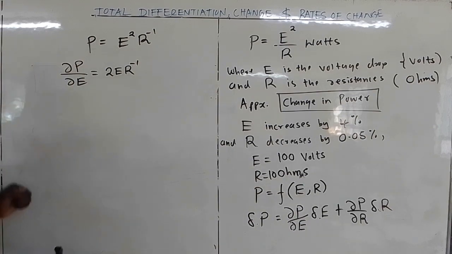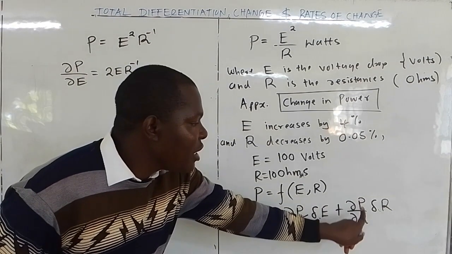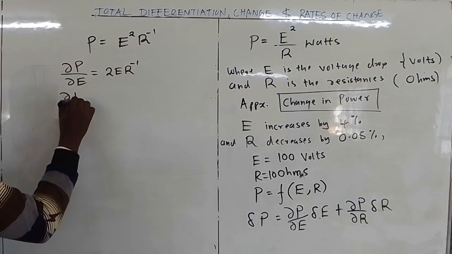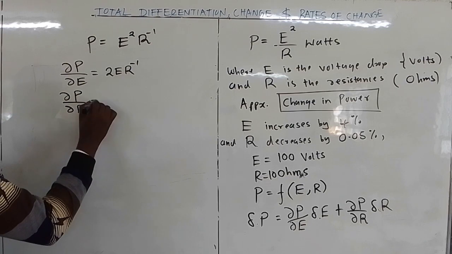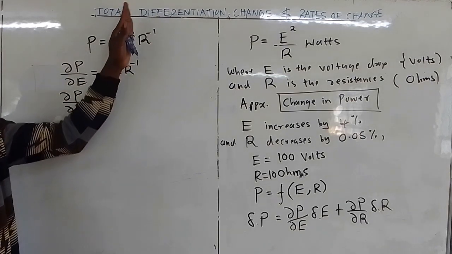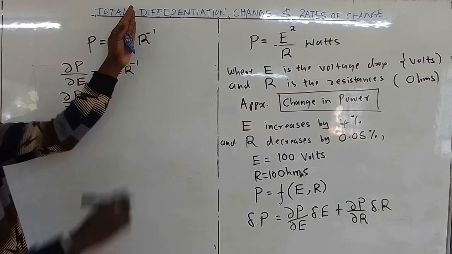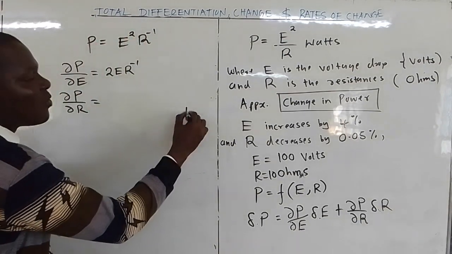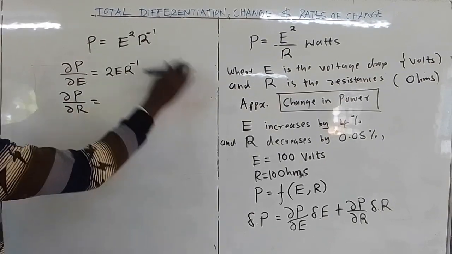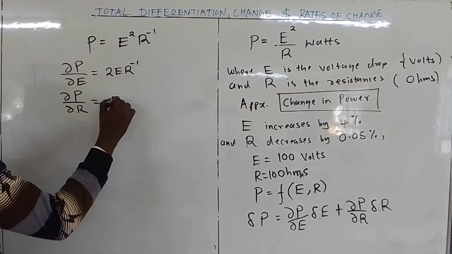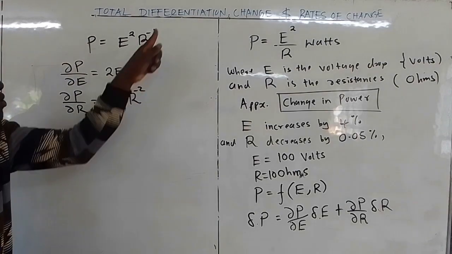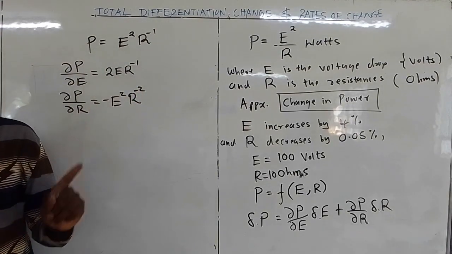Then you move to the next one. We now want to differentiate P partially with respect to R, meaning only R is considered a variable, isn't it? So this E squared is a constant, isn't it? If you differentiate R raised to -1, what do you get? It is -1 times the constant, so you get -E squared, then you reduce the power of R by 1. -1 minus 1, so you get -2.